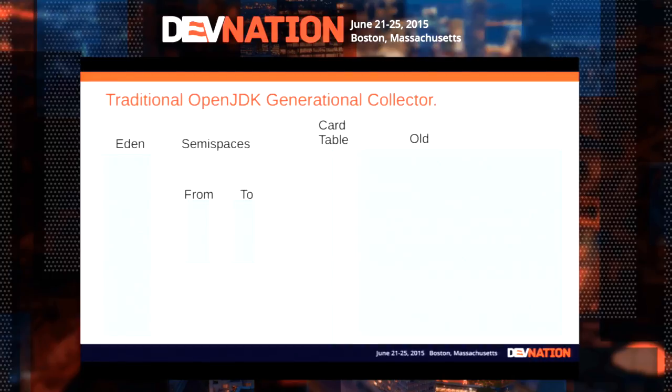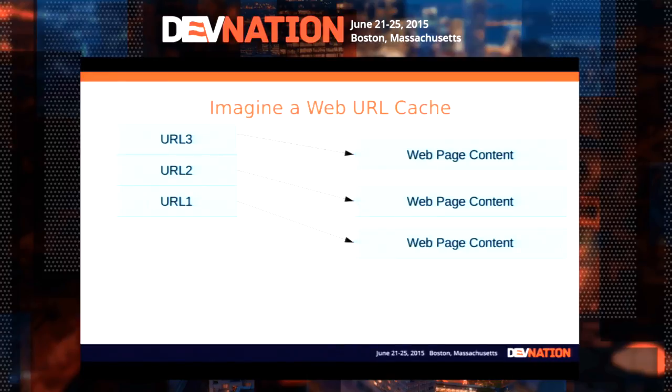And if your application really behaves in a generational fashion, this is a huge win, because by the time things get promoted to the old generation, you assume that they're going to be around for a long time. However, here's an example I came up with of an application that generational GC might not work well for.